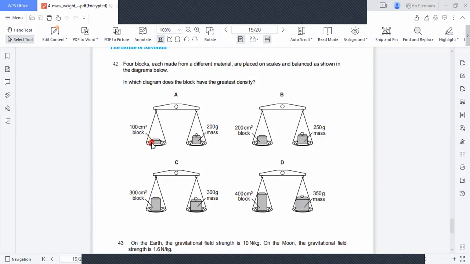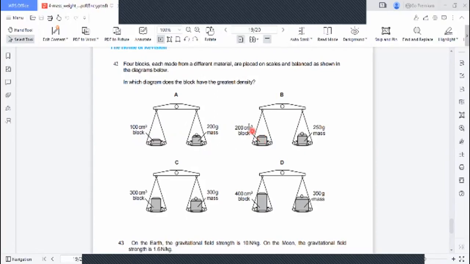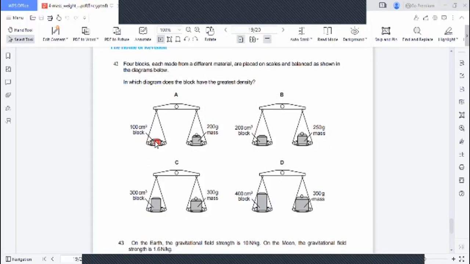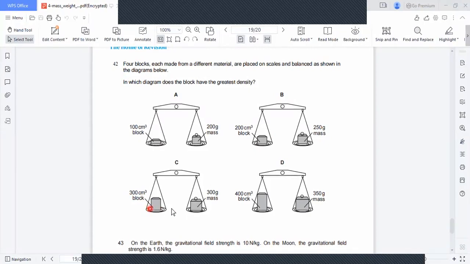So masses are the same but volumes are different. Similarly, if you look at this part, the volume is 200 centimeter cube and 250 centimeter cube. Okay, one side is mass and 100 centimeter cube. Again, here is 300 centimeter cube.